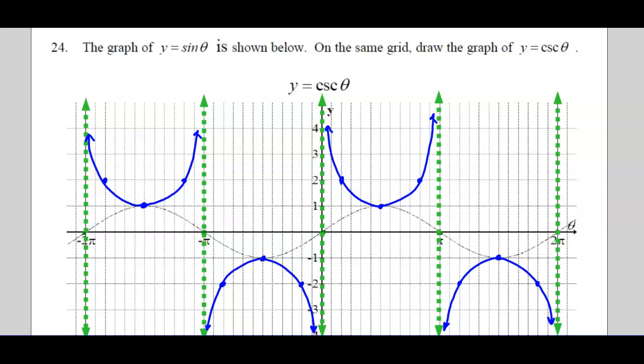Okay. Take a look at this reciprocal. Does it repeat? Do you keep seeing the same shapes? Yes. Okay. Is the period pi or 2 pi? For tan, when we had asymptotes, it was pi. How do you know? Because the definition of a period is where the symmetry repeats.